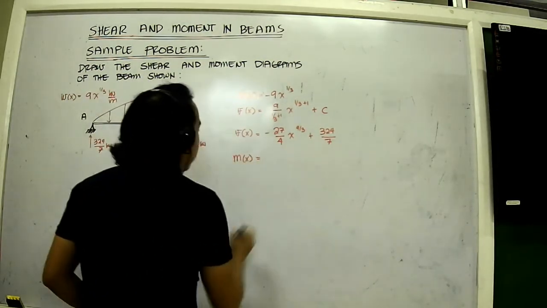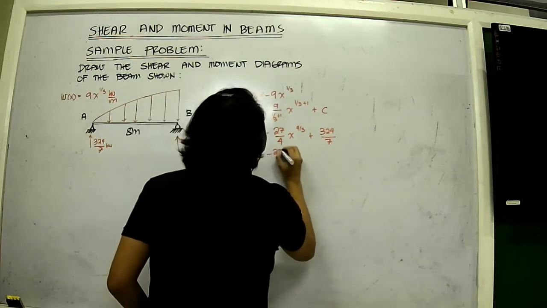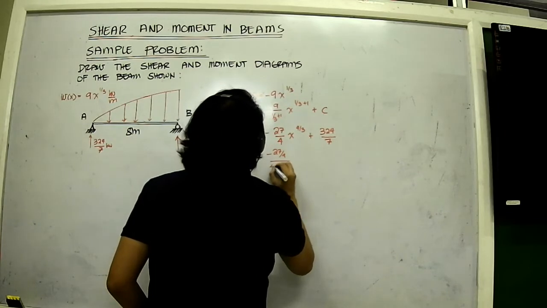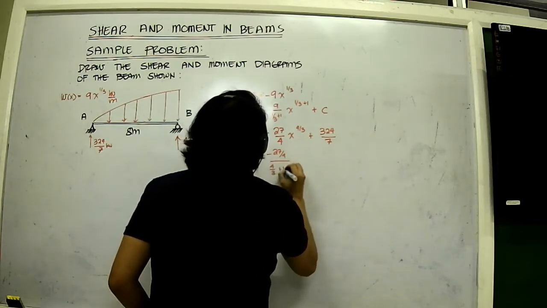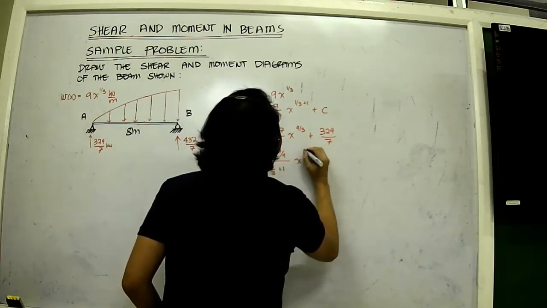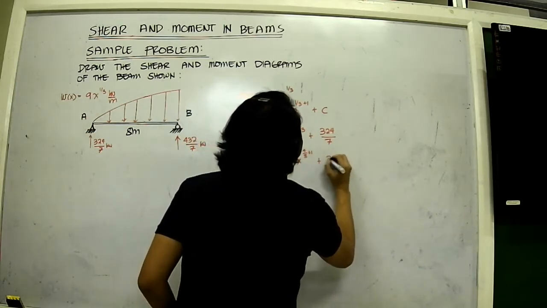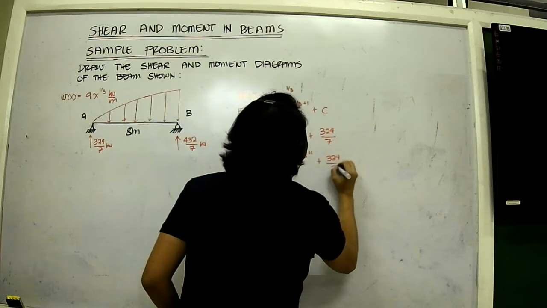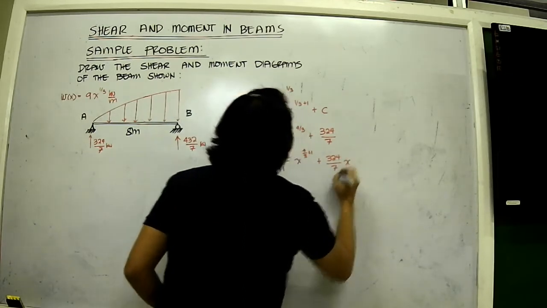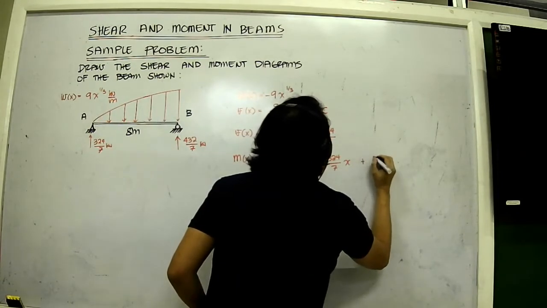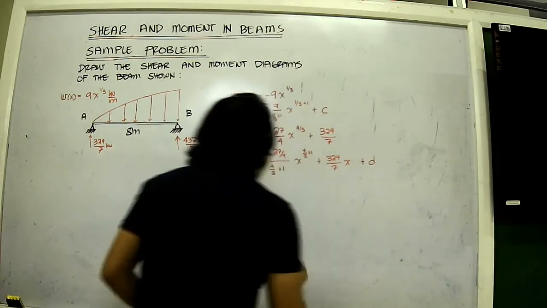And then I integrate this again. So that should be equal to negative 27 over 4 divided by 4/3 plus 1, x to the 4/3 plus 1, plus 324 over 7 times X, plus D. Okay?